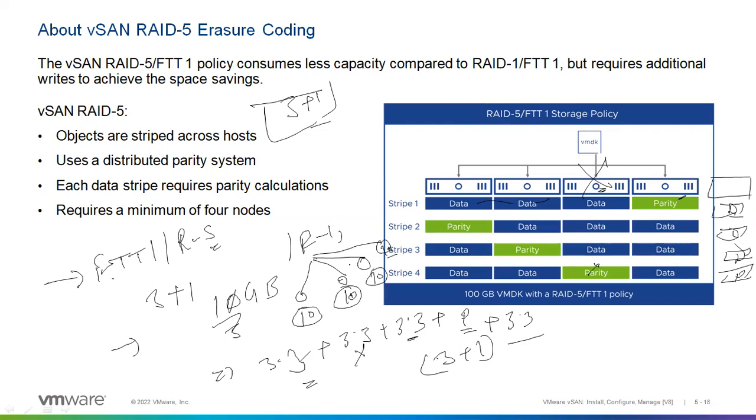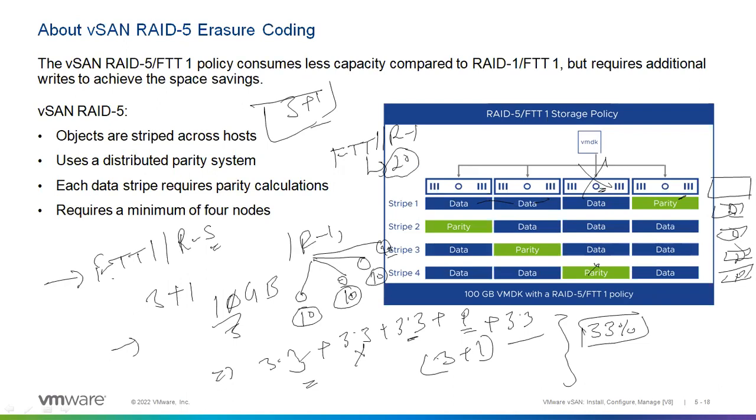But here, you are only overheading the original data by 33% on top. If I write data in FTT1 RAID 1, my consumption was 20 GB.